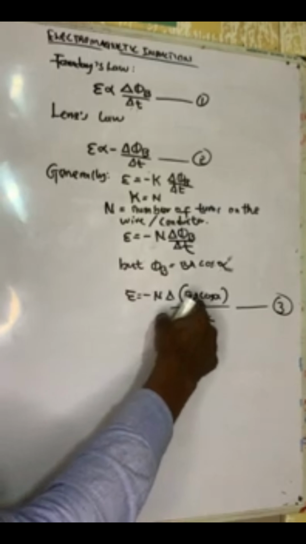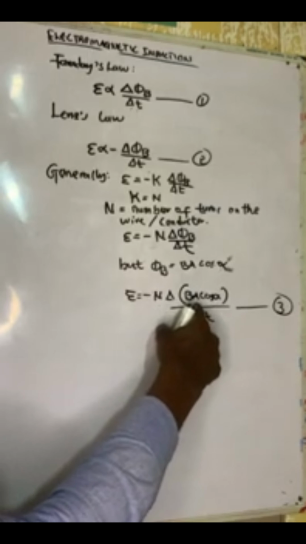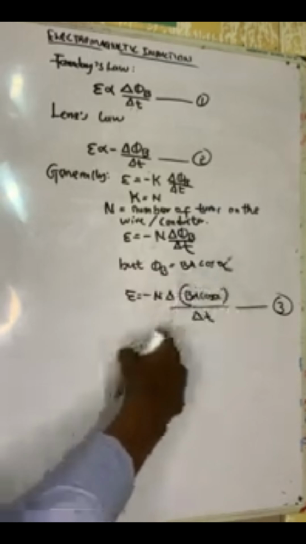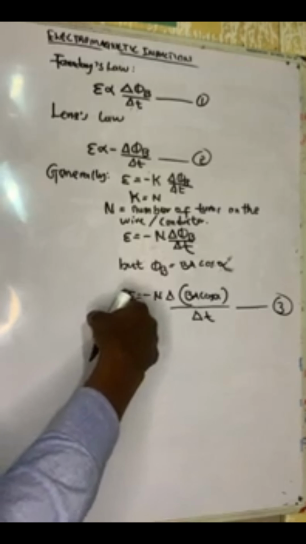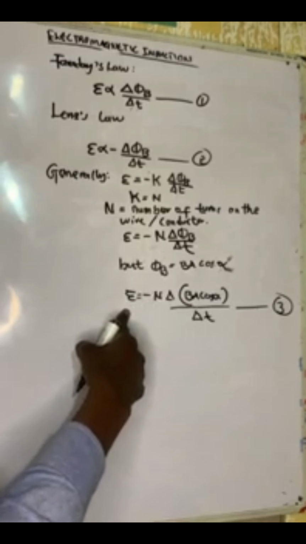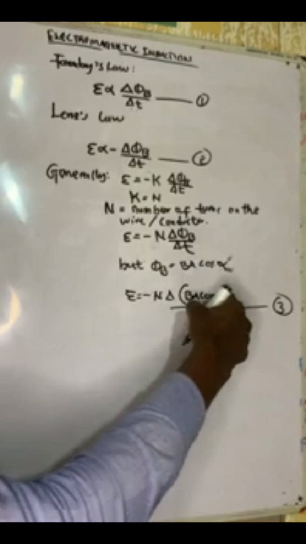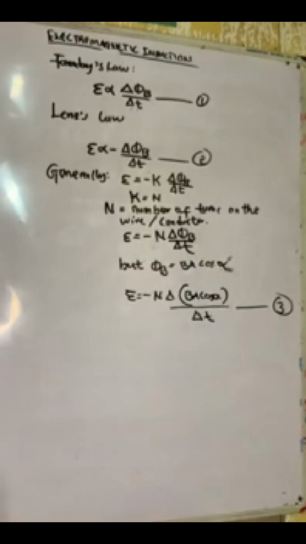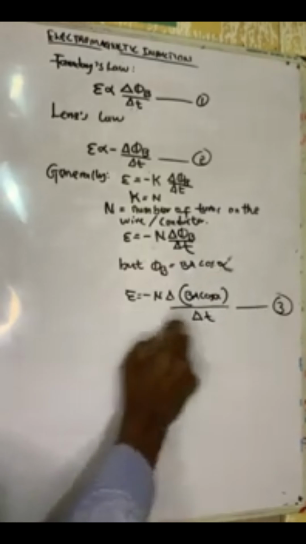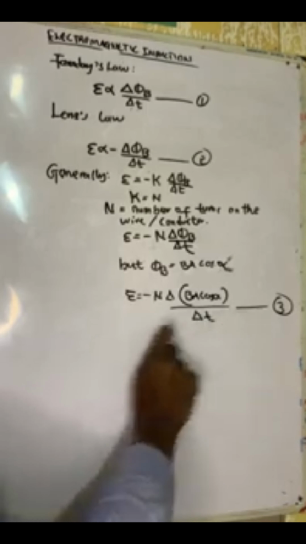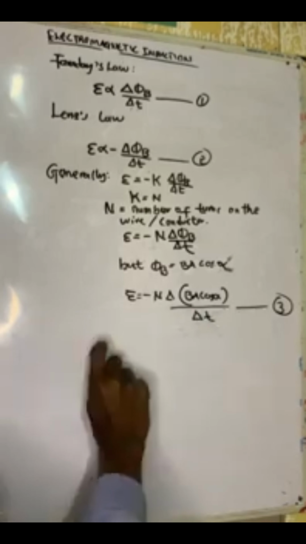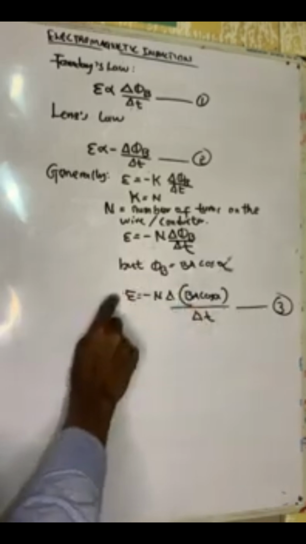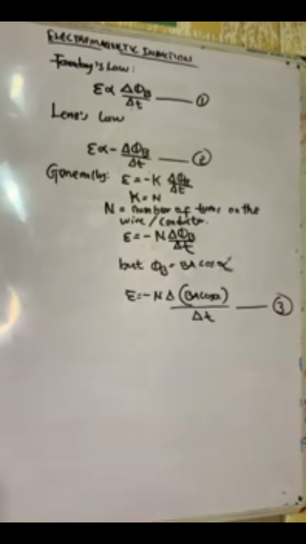Should you increase the surface area of the conductor, you have also increased the magnitude of the induced EMF. And then, the angle between them. And should you increase the speed at which you move the magnet to and fro, you would increase the magnitude of the induced EMF.